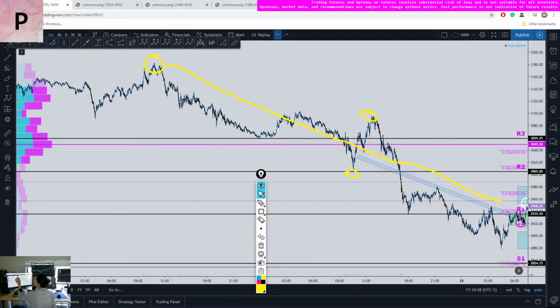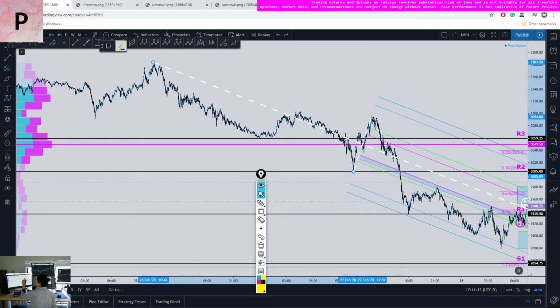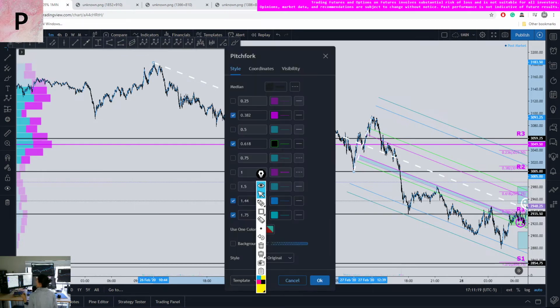Let's walk that back for a second. Sorry guys, let me redraw that real quickly. A little technical difficulty. Okay, low, high, low, high, and boom. All right, I'm going to lock that fork and show you the settings.